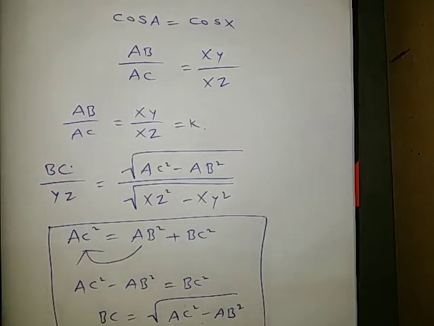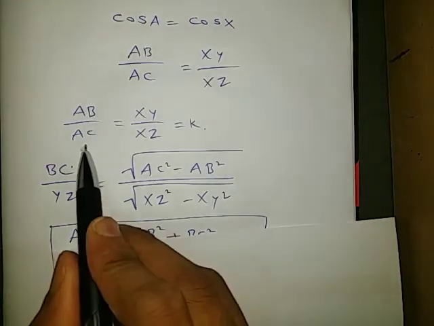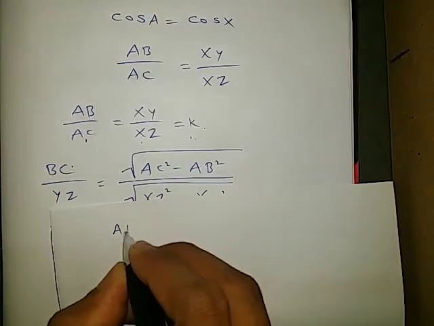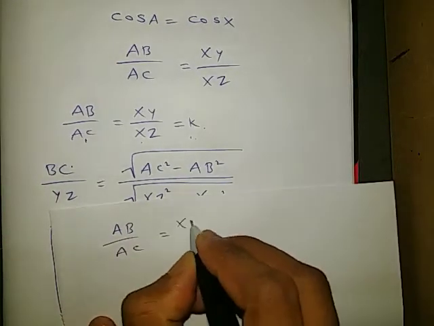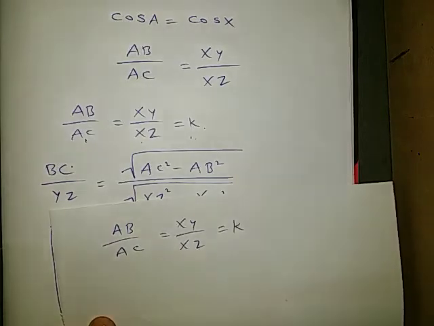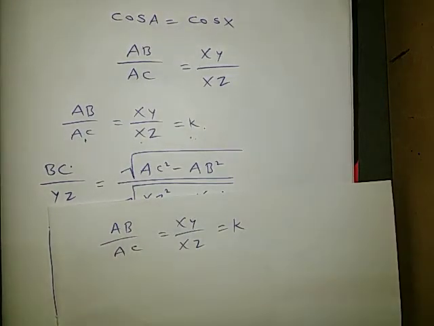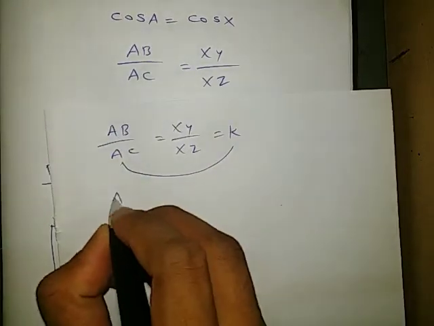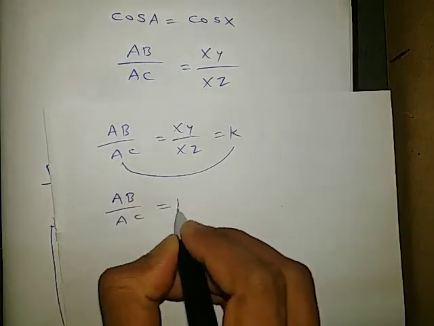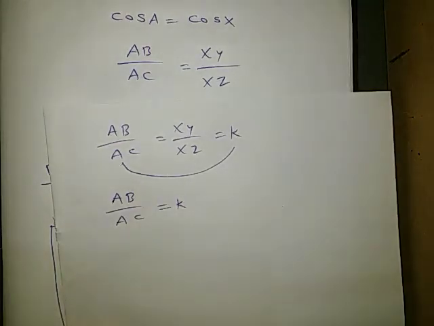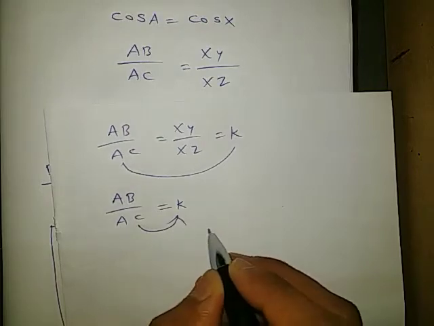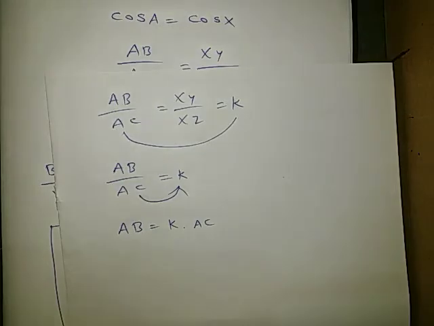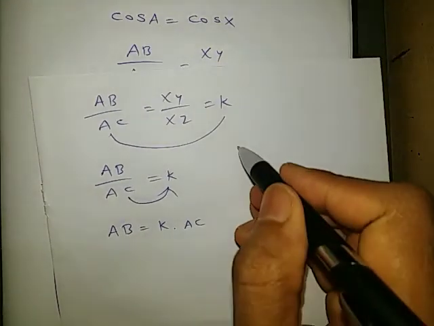Next, we have one equation: AB by AC is equal to XY by XZ is equal to K. Taking the first one, AB by AC is equal to K, so AB is equal to K into AC.